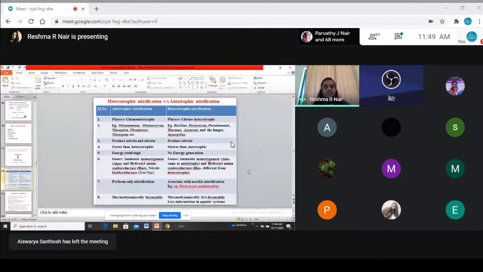So what happens in the aquatic system is that once ammonia gets deposited in the system, if anaerobic ammonia oxidizers are present, they will oxidize the ammonia not into nitrate. Instead, they will convert ammonia to nitrogenous gases. Once the nitrogen gas is formed, the toxic metabolite is completely removed from the system.